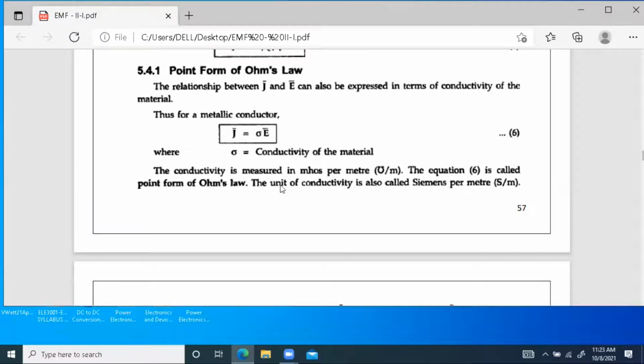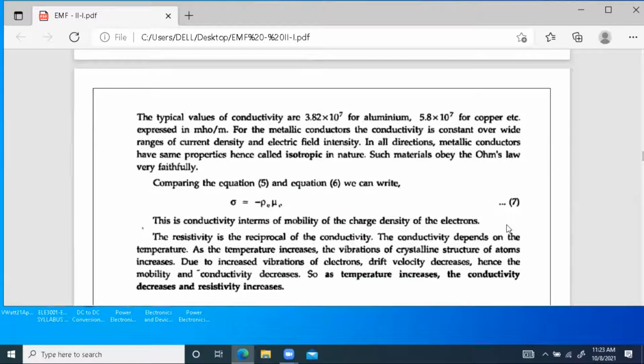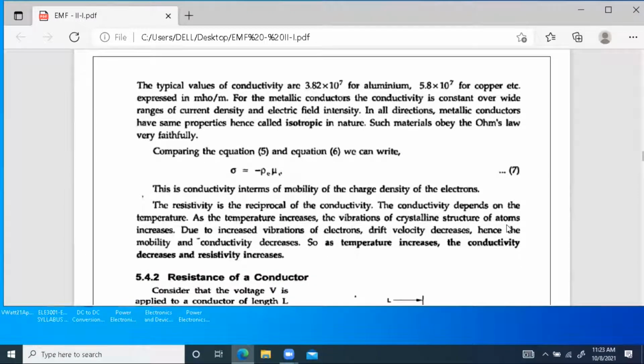Let me show you. Here we give you some typical values of conductivity. Here again, that's for aluminum, that's for copper.